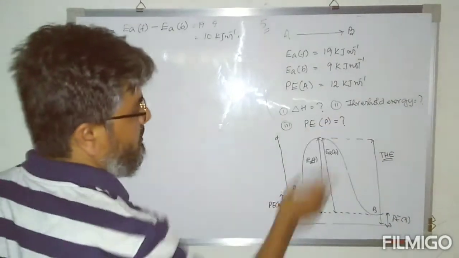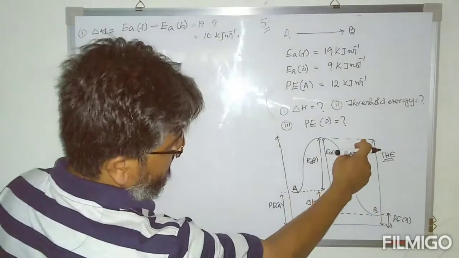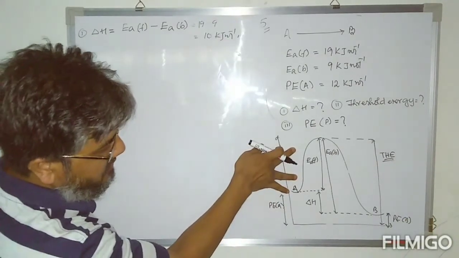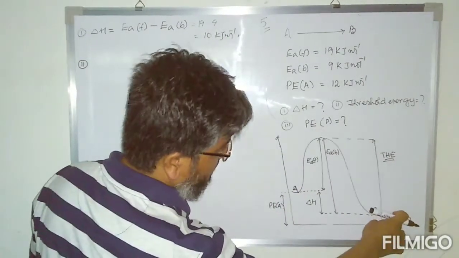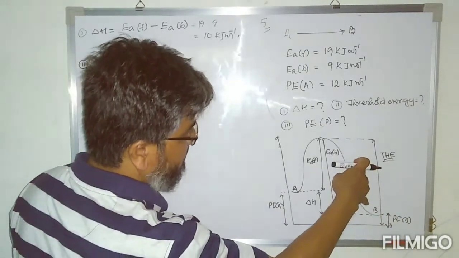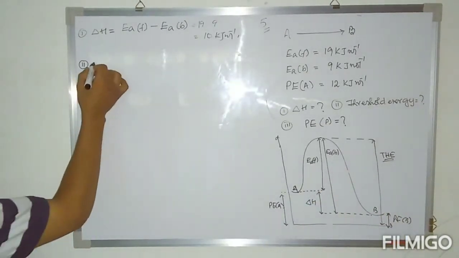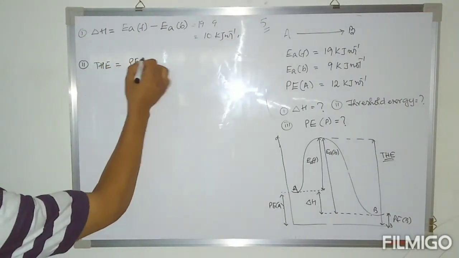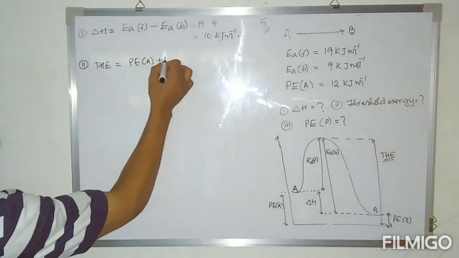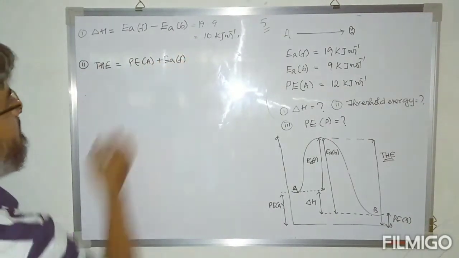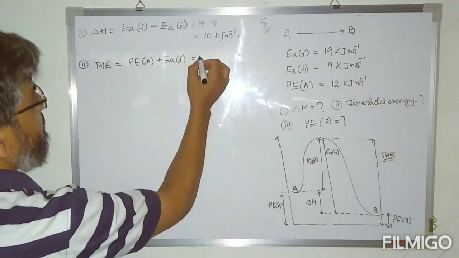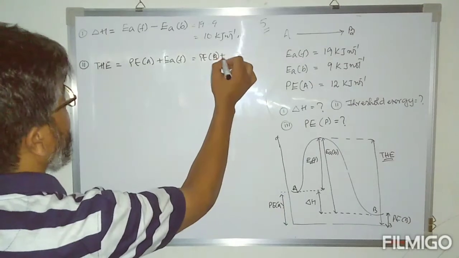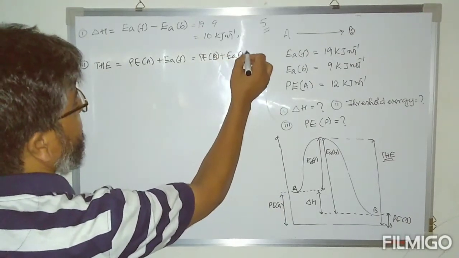Second is threshold energy. Threshold energy is the potential energy of reactant plus the activation energy of forward, or the potential energy of product plus the activation energy of the backward reaction. So threshold energy is the potential energy of reactant plus activation energy of forward, which is also equal to the potential energy of product B plus activation energy of backward.